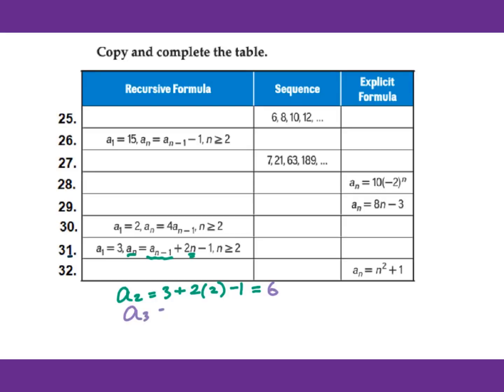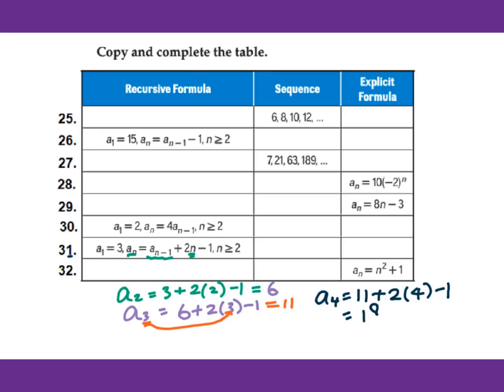A sub 3 equals 6, previous term, plus 2 times 3 minus 1. This is a 3. So you get 11. For a sub 4 equals 11 plus 2 times 4 minus 1 equals 18. So we get the sequence 3, 6, 11, 18.